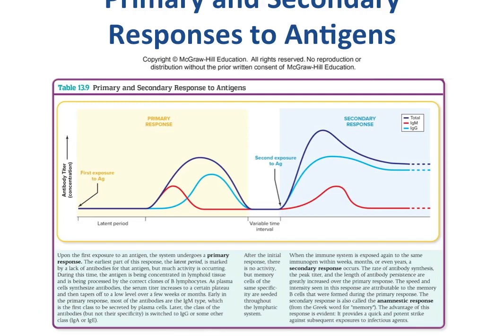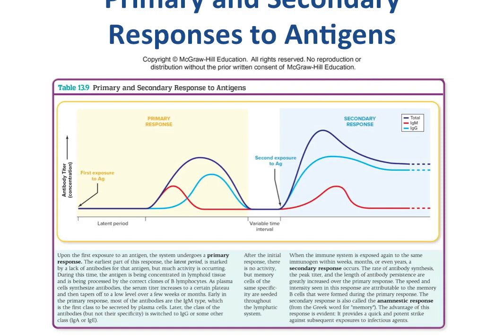Once the BCS is activated, BCS can produce immunoglobulin. Once BCS contacts antigen, in the beginning BCS needs some time to start the production. This is called a latent period, so there's no immunoglobulin production.